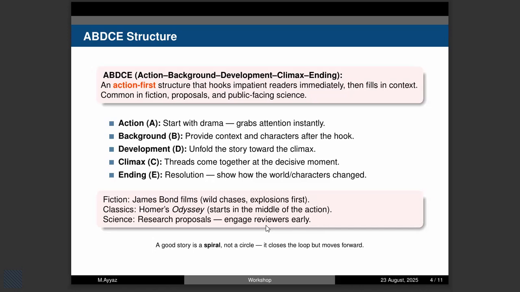In scientific proposals, we want to excite the reviewer who is reading our research proposal, engage them, and make them our advocate for the research grant. So the ABDCE structure is similar to OCAR, but it is for a less patient, more impatient audience.